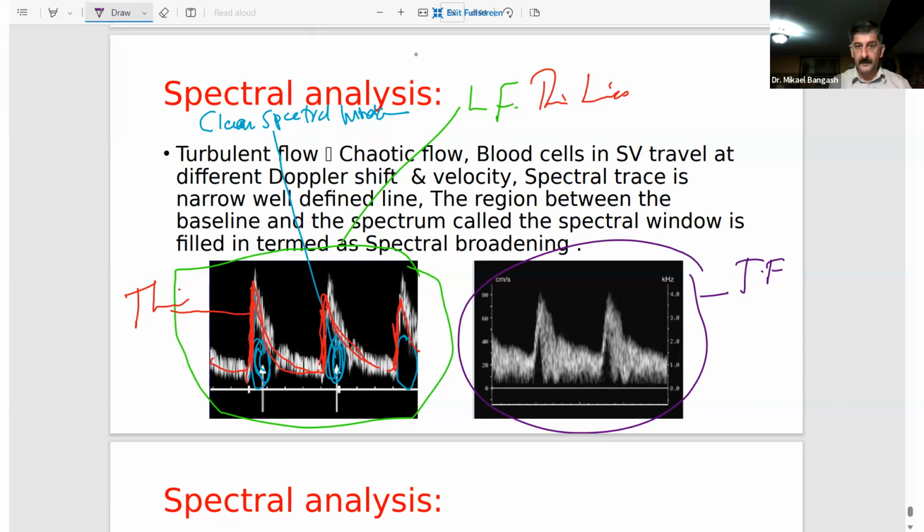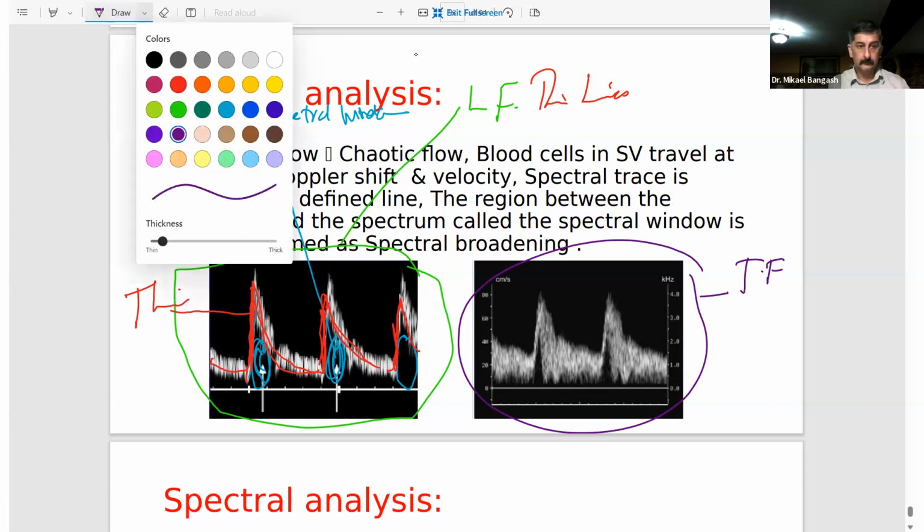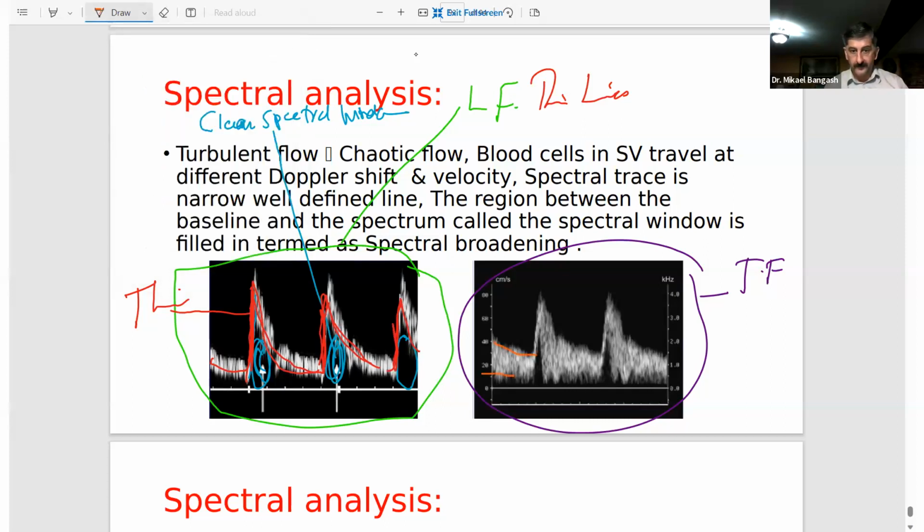Now, if you look at the outline of your graph here and compare it to over here, the outline of the graph has a thick outline, right? Is that clear?